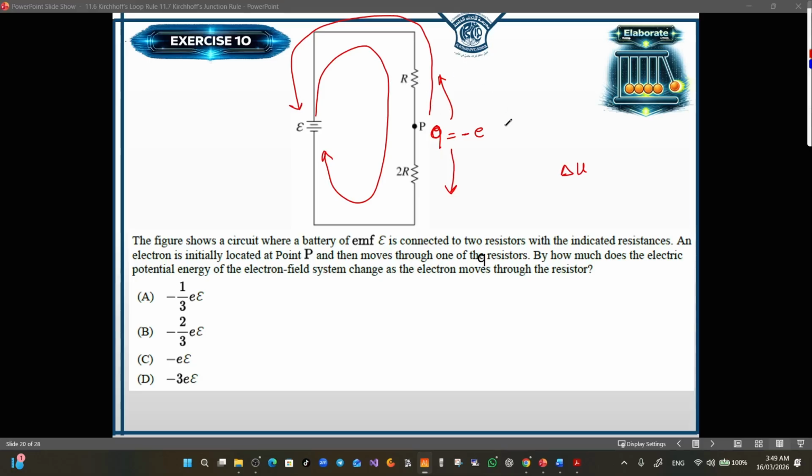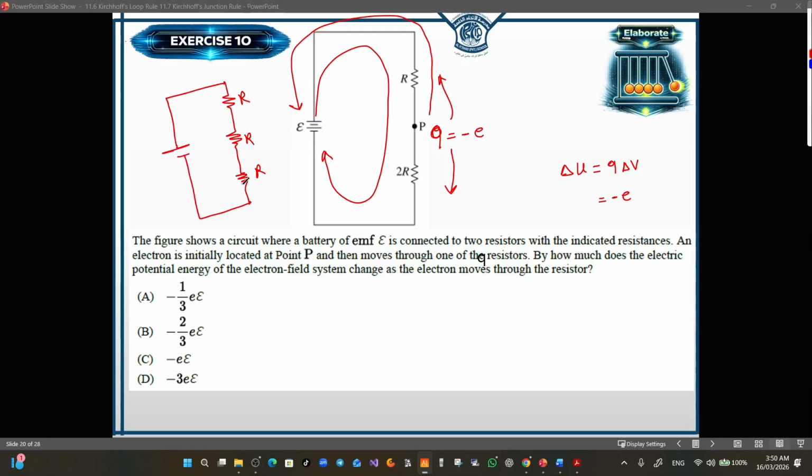Since it will pass through the resistor R, delta U can be written as Q times delta V. The charge here is the electron, which is minus e, and then the potential difference across this resistor. If we decompose the 2R resistor into identical resistors, remember that 2R can be written as R and R, two resistors in series. Then the electromotive force will be divided across the three resistors equally.